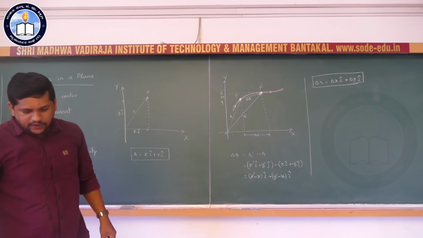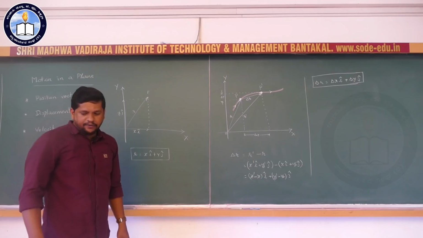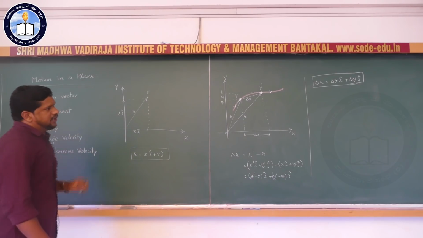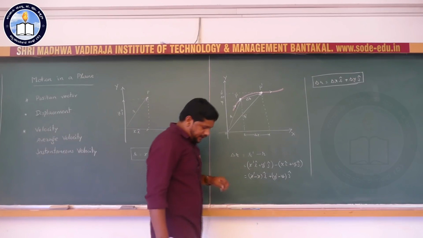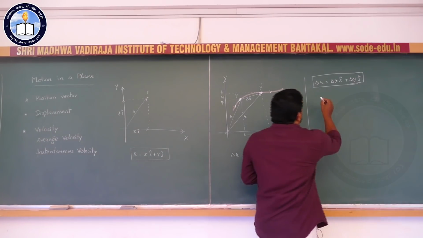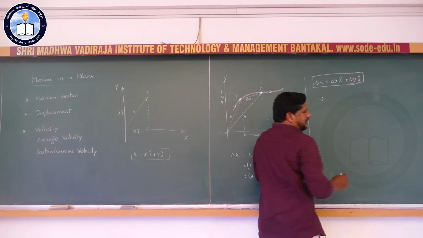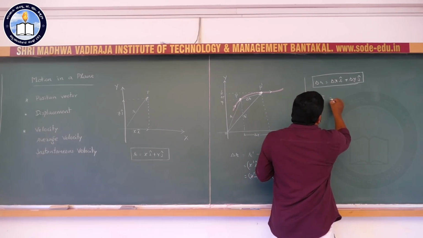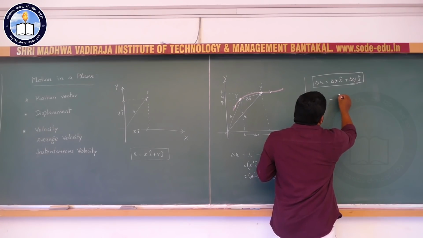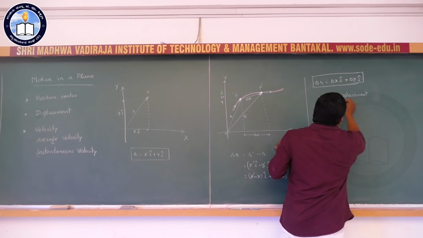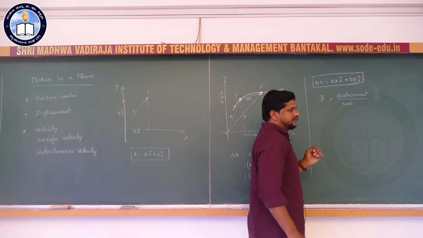Now, on the basis of this, let me try to define the velocity. According to the basic expression for velocity, average velocity can be represented as the net displacement over total time taken.